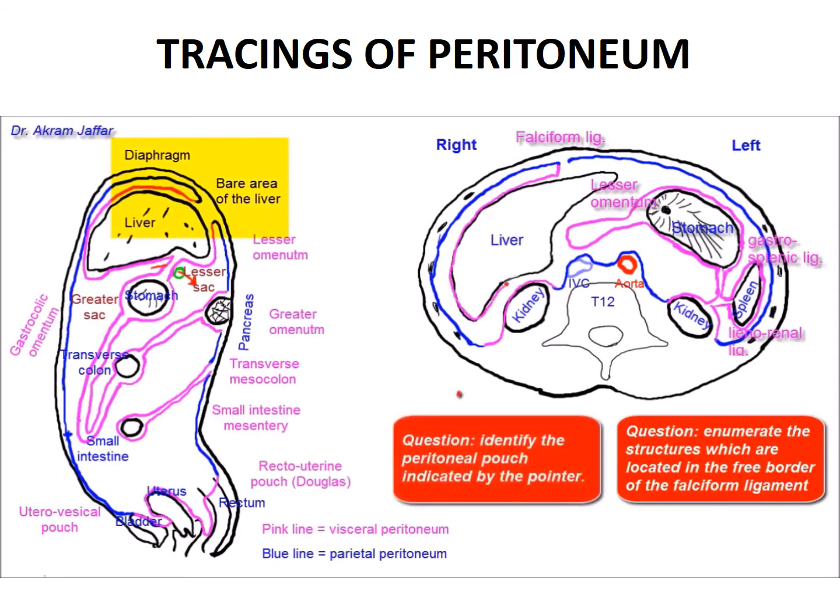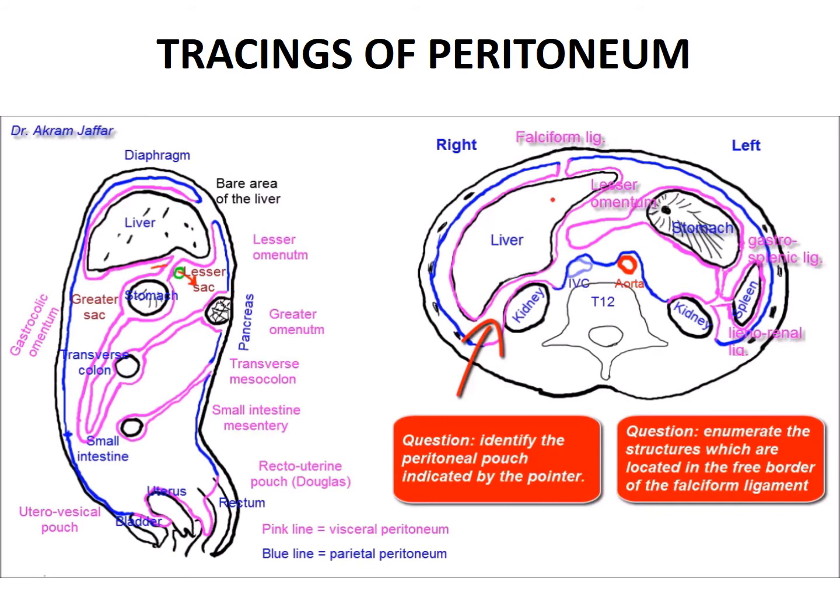This is the visceral peritoneum covering the liver, encloses the liver, and then this is the second fold, or the second leaf of the fold of the falciform ligament, returning back. So you can see again that the peritoneum is visceral and parietal.